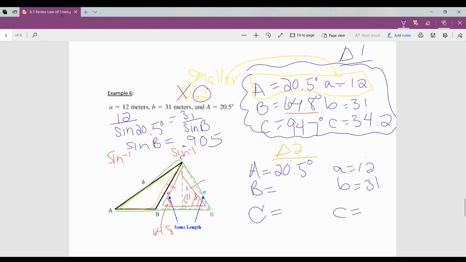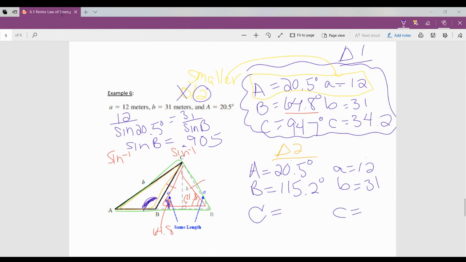All right, so first thing, if I want to find B right here, I can find that because this angle right here and this angle right here are supplementary. So I can do 180 minus 64.8, and I get this angle, which is 115.2 degrees.